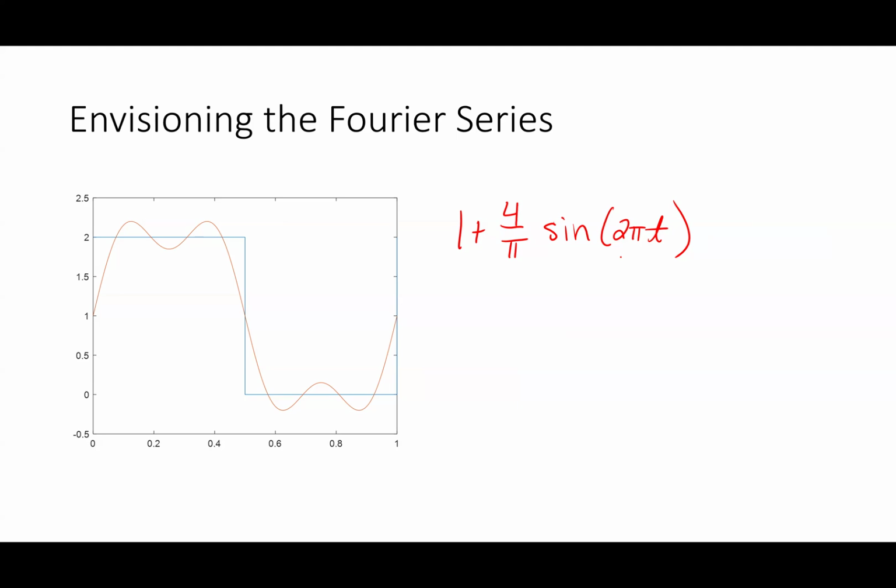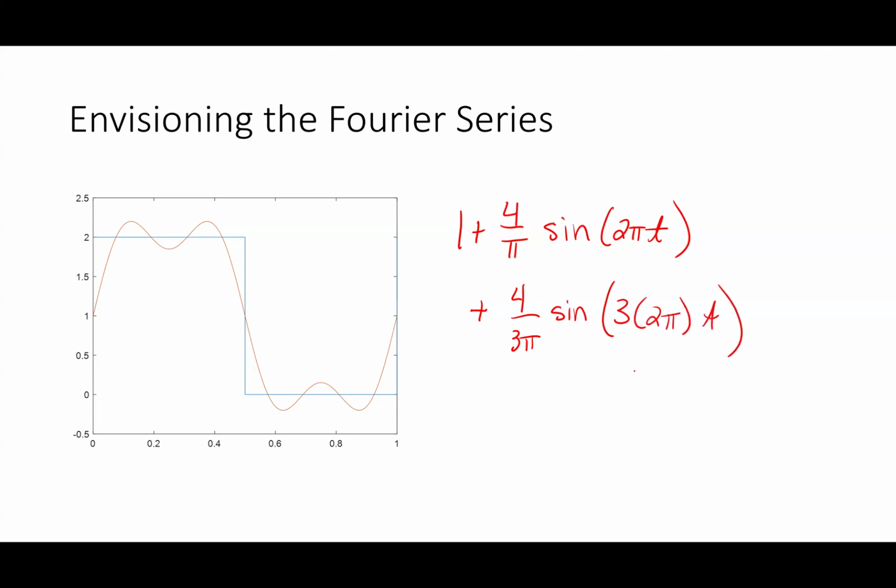It looks to me like there's maybe some higher frequency stuff happening. Why do I say higher frequency? Well, because I see more ripples in one period. Something that's higher frequency is going to vary more times in one period. So it looks like I've got some other term in here. In reality, what I have is the third harmonic. Again, there's a way to figure out its amplitude, but it's 4 over 3 pi. So when I say the third harmonic, that would be sine 3 times 2 pi t.